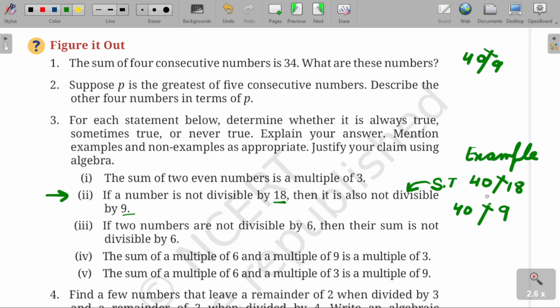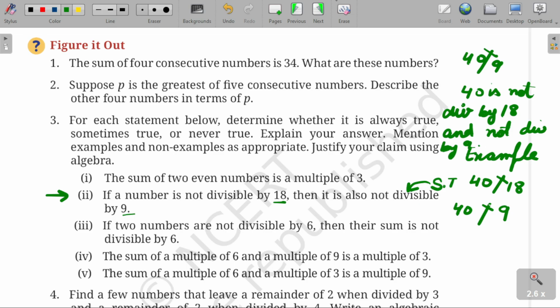So that's why I'm taking this sign. Otherwise, you can write also 40 is not divisible. I'm writing divisible as div by 18, and not divisible by 9. So this is example.